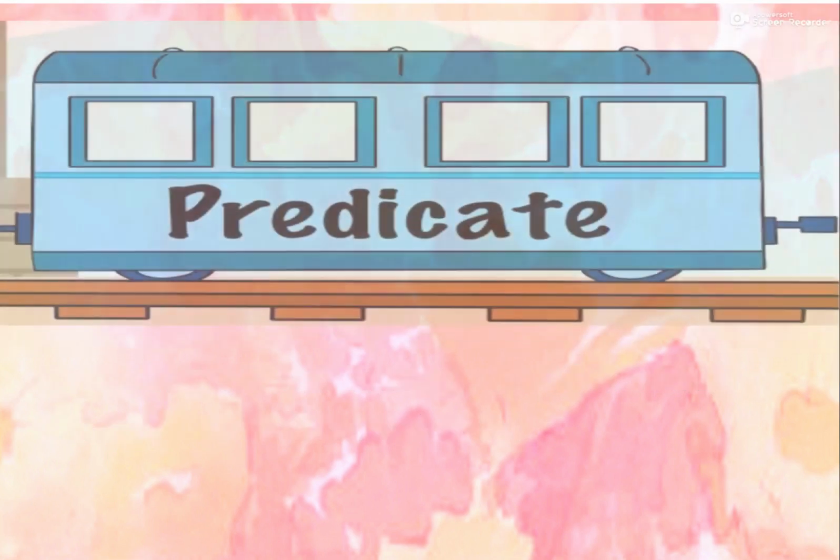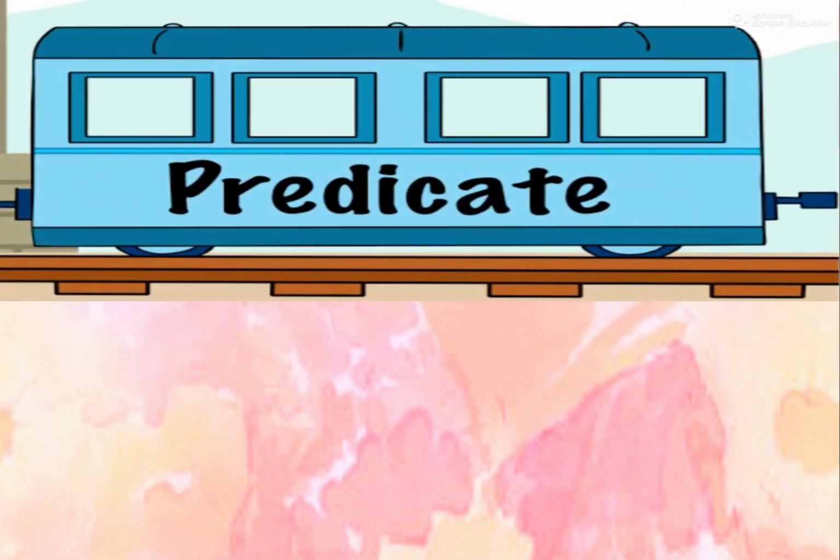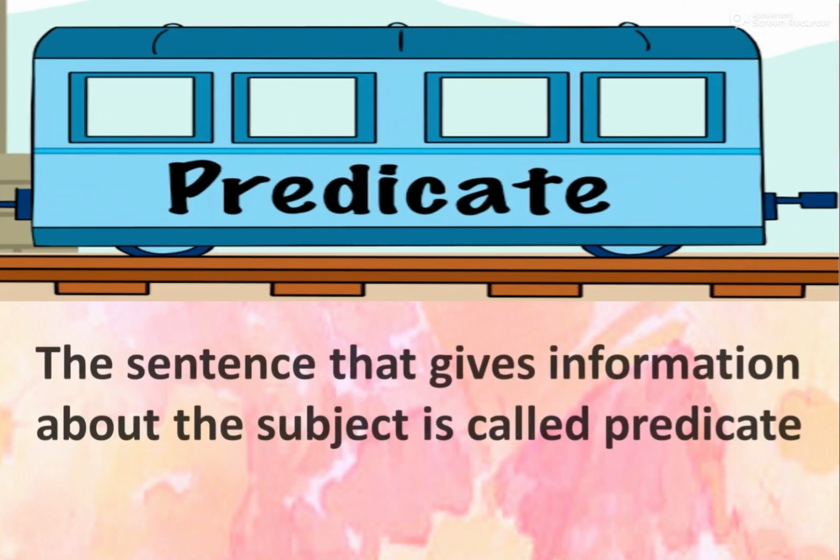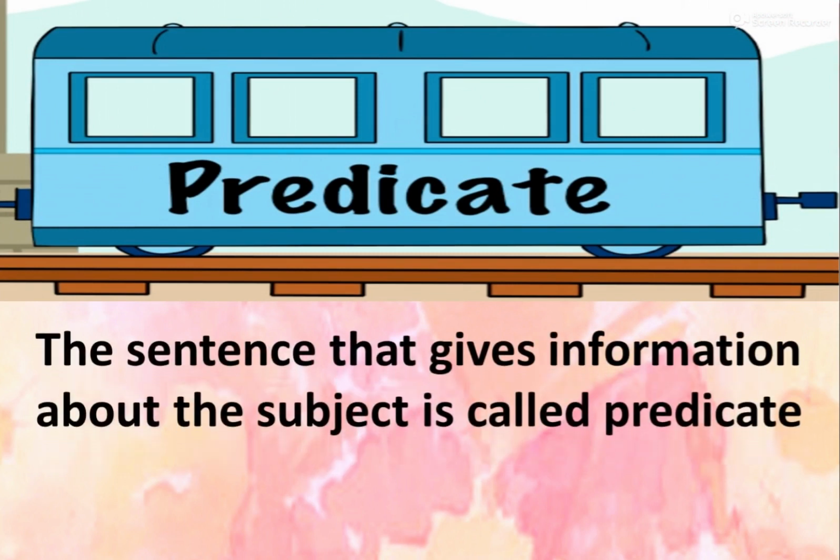The second part, that is predicate. Let's see the definition. The part of a sentence that gives information about the subject is called the predicate. So, the predicate tells us something about the subject. That's the reason they both are very important.